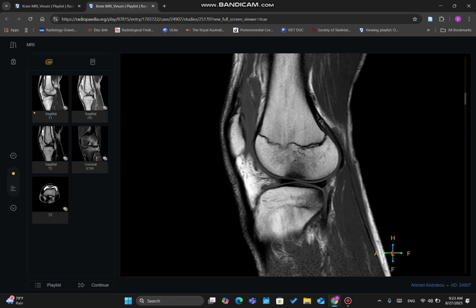At the very first time, whenever you see an image like this, you have to think that this point and this point may have suffered from collision lesions.